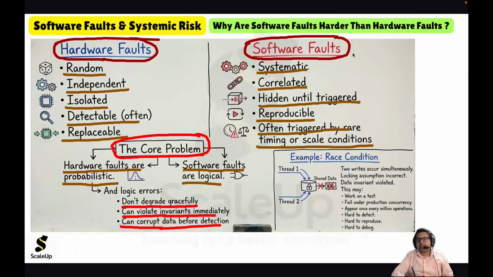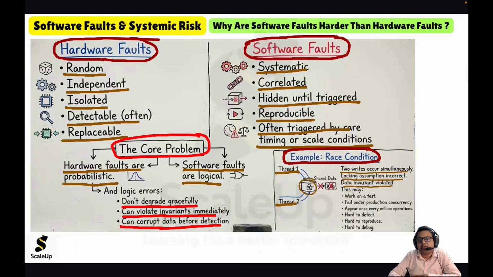If we look at one example of a race condition, let us suppose I have a resource. Two threads, thread 1 and thread 2, are trying to write simultaneously. So two writes occur simultaneously. Now, if the locking assumption is incorrect, then the data invariant will get violated, because if two threads are trying to access the same resource and the locking assumptions are wrong, they can very easily corrupt the data.